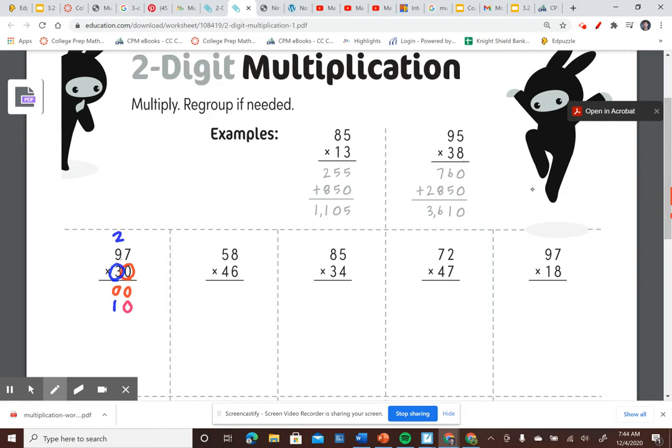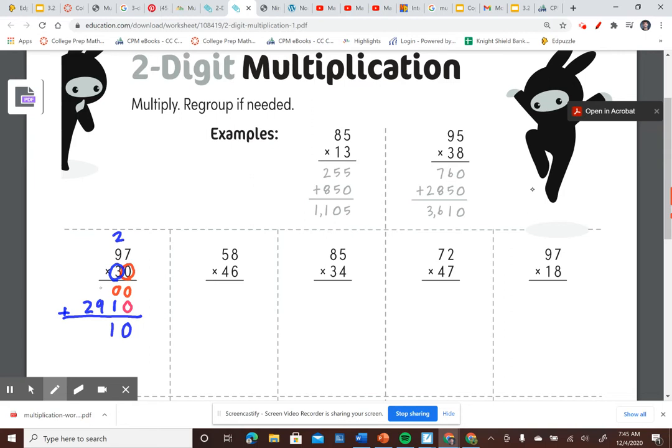So now I'm doing 3 times 9, which would be 27, plus my 2 up above. That's going to be 29. And so now we need to do the final step of adding these two together. And so we do 0 plus 0 equals 0, 0 plus 1 equals 1.